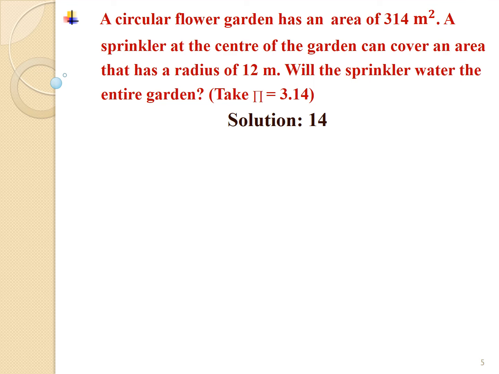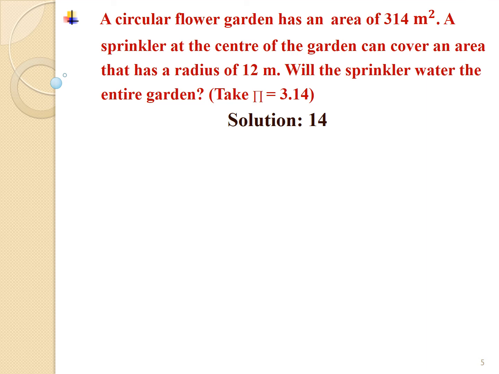Note that if we get the radius of circular flower garden as 12 meters or less than 12 meters, then we write that the sprinkler will water the entire garden. Otherwise, not.